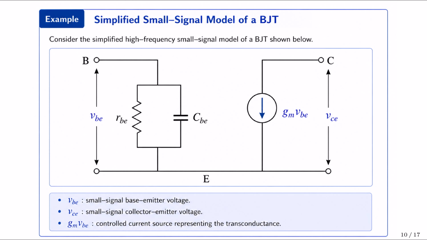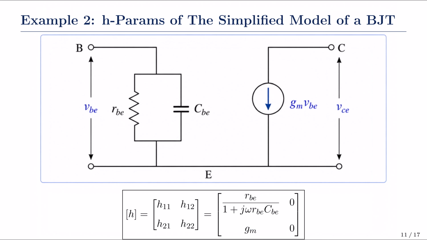We will use the h parameter definitions and apply the appropriate open circuit and short circuit conditions at the output or input port. For this simplified BJT model, the input port contains the parallel combination of the base emitter resistance and capacitance. With the output port short-circuited, the input impedance is therefore determined by this parallel combination.